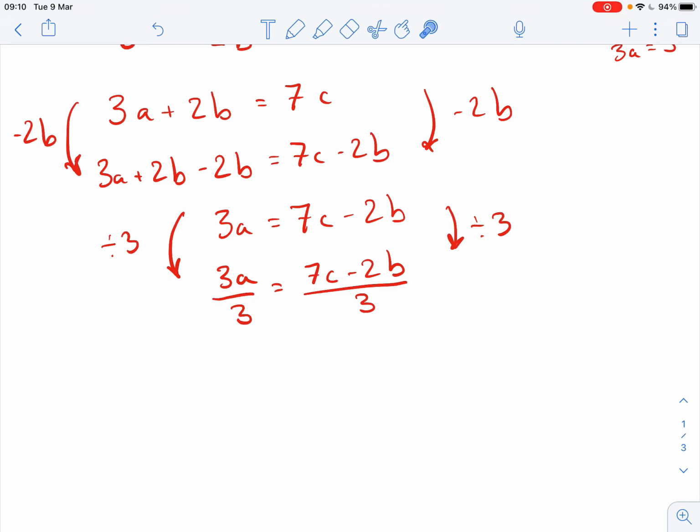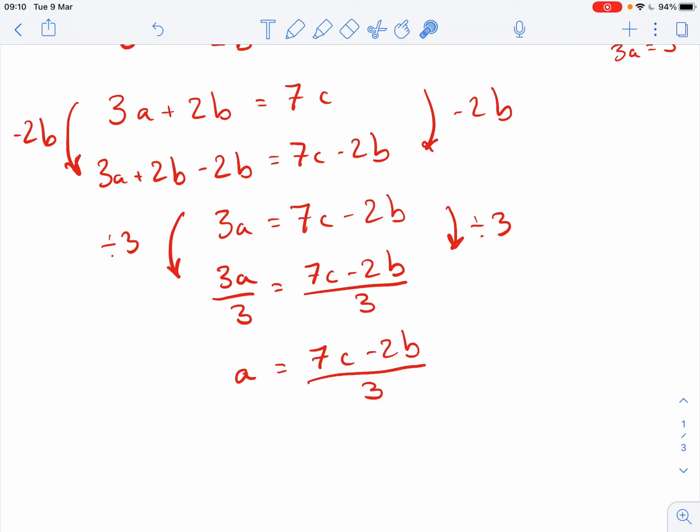So we've got 3a divided by 3 and 7c minus 2b divided by 3, and these 3s on the a side will cancel. So we just end up with a equals 7c minus 2b over 3.